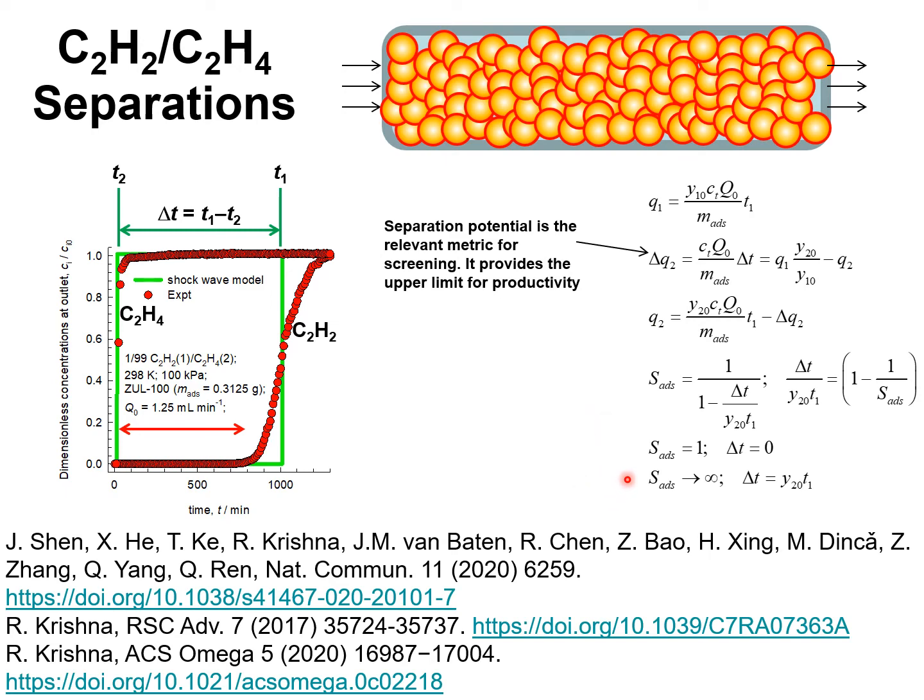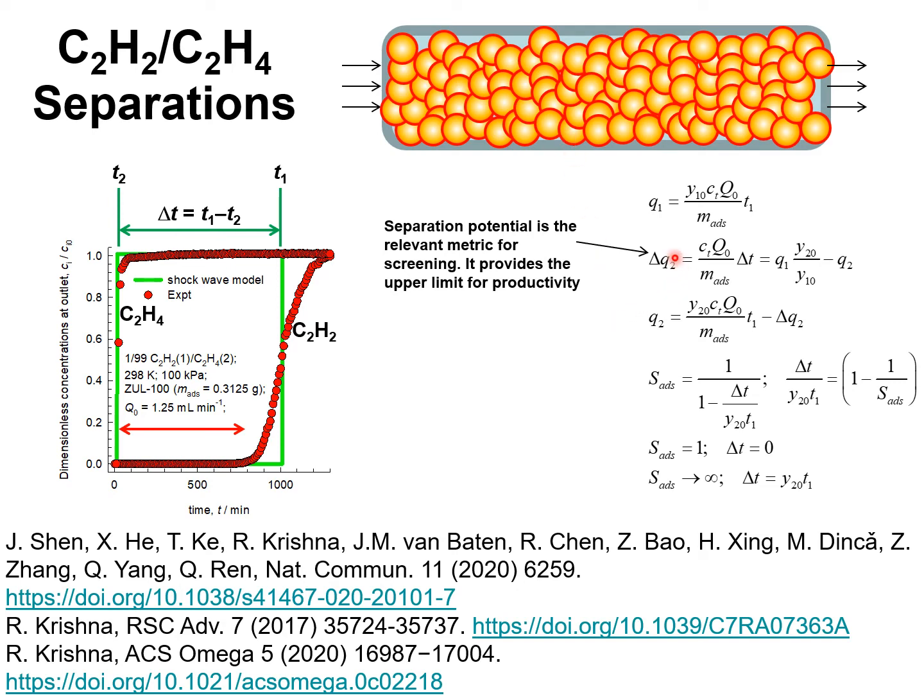Based on this analysis, we can conclude that besides the adsorption selectivity, an important metric that governs the separation performance for ethyne-ethene separations is delta Q2, because it represents the maximum in the productivity of ethene that is realizable with a given MOF.